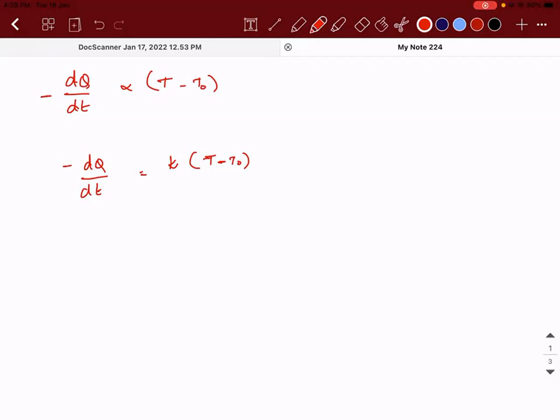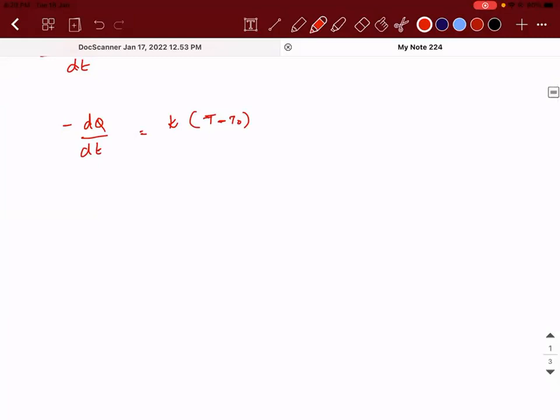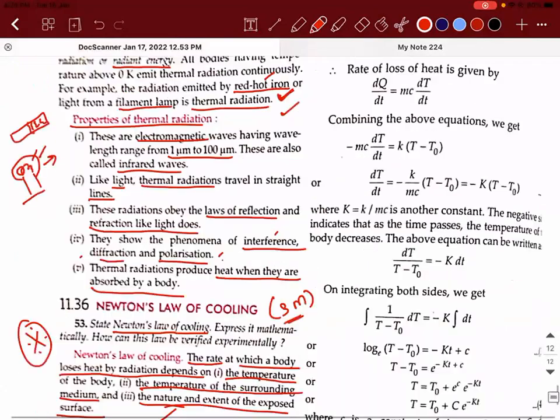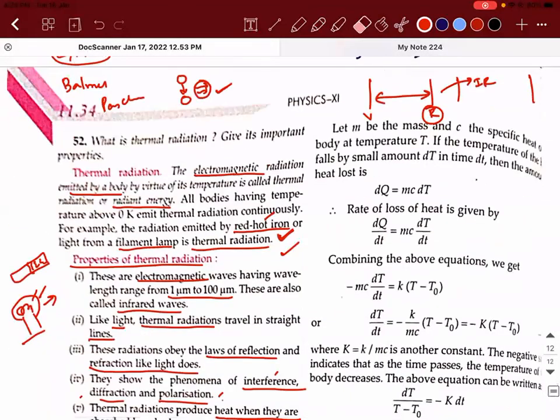Now what we need to do is take this as equation number 1. Now if you take a material of mass M and specific heat C, let us consider the mass of the object to be M and C to be the specific heat of the object at temperature T. The temperature of the object falls by a small amount, capital dT, in a small time dt.